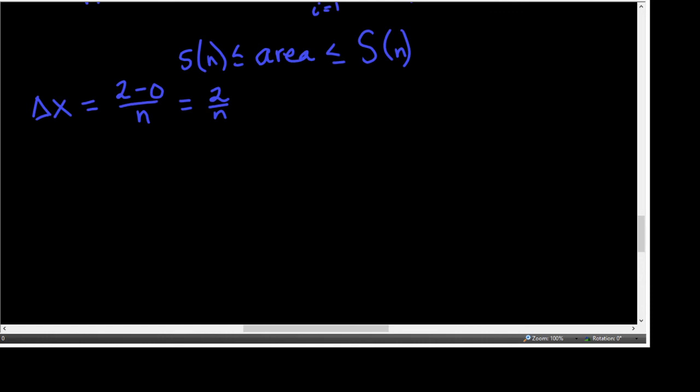So the left-hand side is determining the height of the rectangle. That's where the curve touches the rectangles on the left-hand side each time. Notice this is an increasing function, so that would always be true. If you had increasing then decreasing, that would not necessarily stay consistent. But again, this is a simplified example so that you can understand easily what's going on.